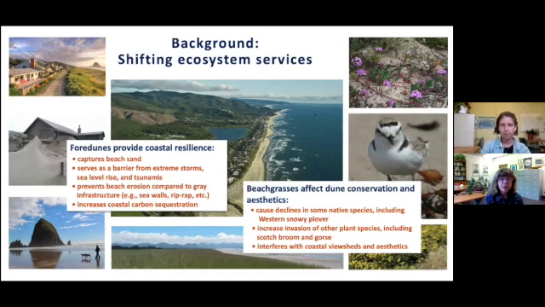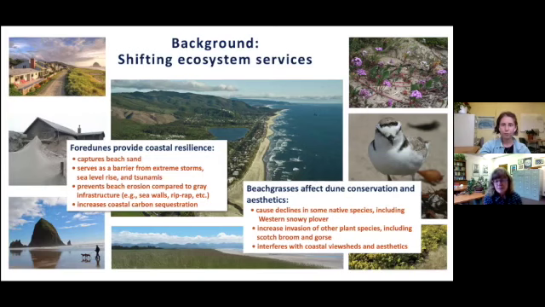And we're working on this as well, but also realizing that these foredunes can sequester carbon, so they can store carbon compared to the systems that we had prior to 1900. So a lot more carbon is being stored in these systems given the amount of grass that's present.